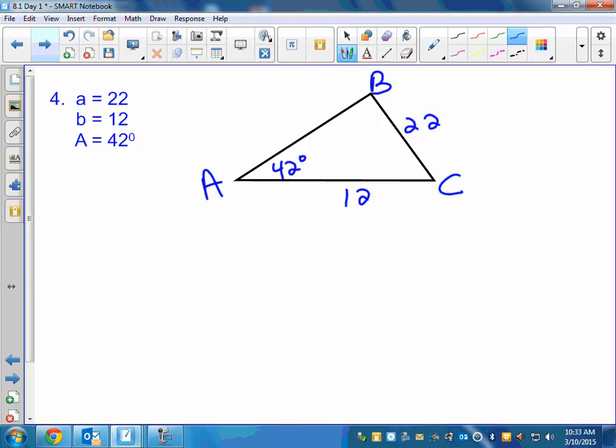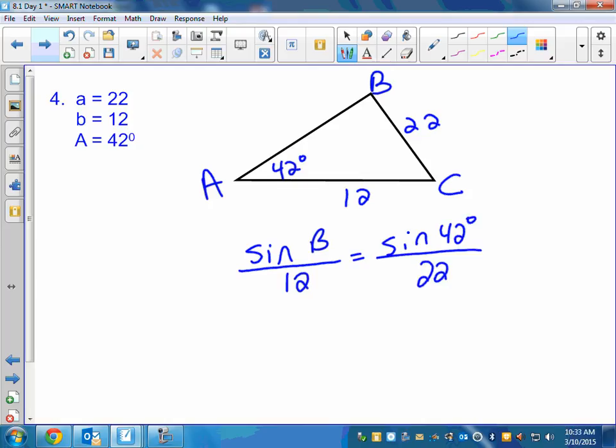But we have to start with solving for b again, right? That's our only choice. So I can say sine of b over 12 equals sine of 42 degrees over 22. So then I take the inverse of that.